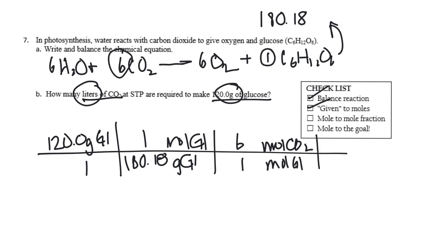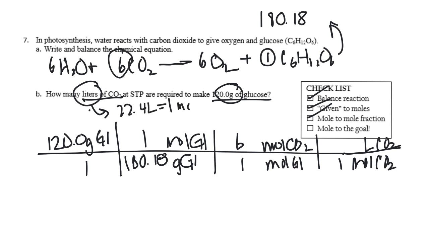Now, the last step is mole to the goal. So I bring moles of CO2 down, and I want to get to liters of CO2. So 1 goes next to mole because I'm converting from mole to some other unit. And for liters, the relationship is 22.4 liters equals 1 mole.